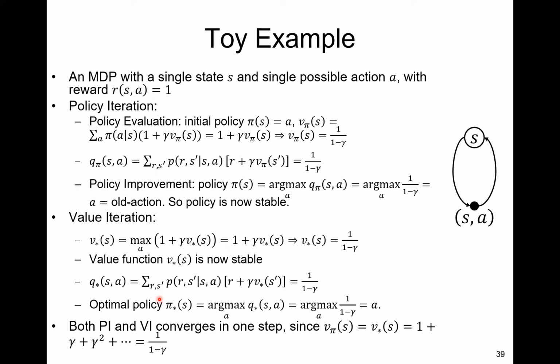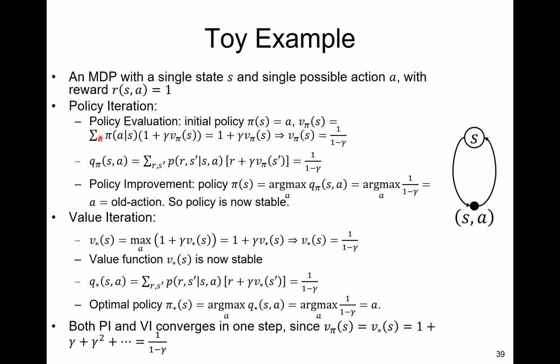So here's a toy example. You have a single MDP with a single state S and a single possible action A. For policy iteration, you have the initial policy pi(s) equal A, and you compute the v pi with this equation.